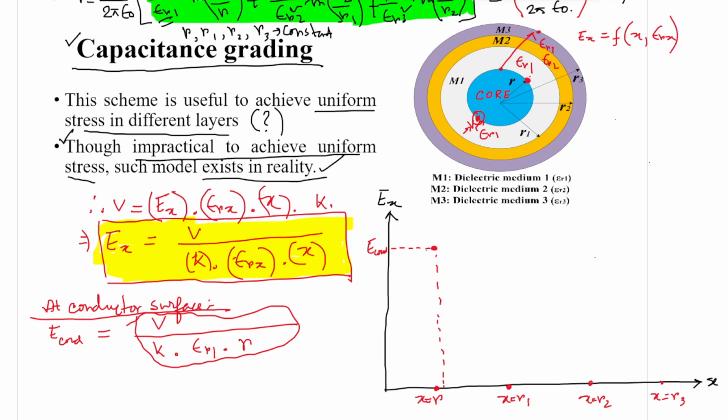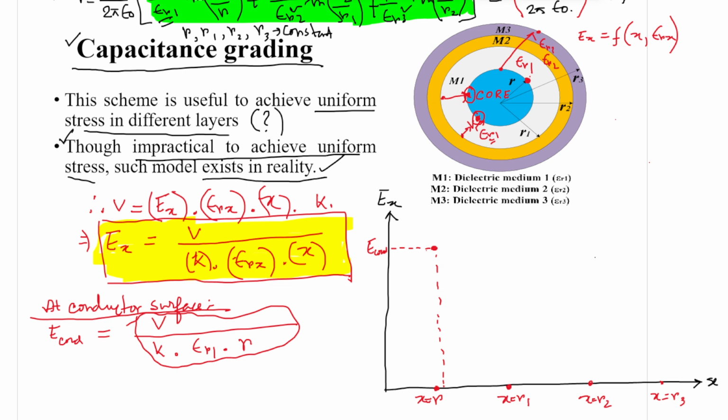V1 is the energy you need to invest to take one charge from R1 to R. As you move from R1 to R, you encounter epsilon R1. So as long as you are on the conductor surface, you are under the influence of medium 1, and hence epsilon Rx is constant.